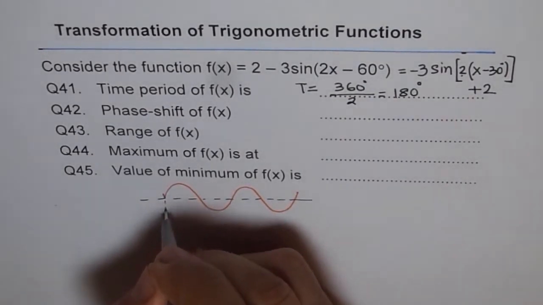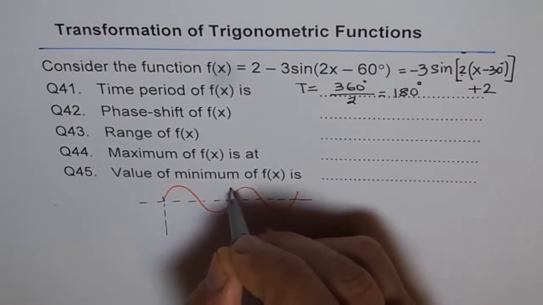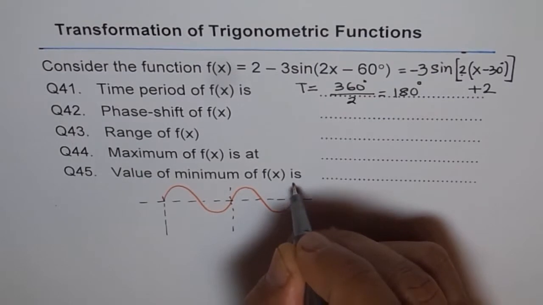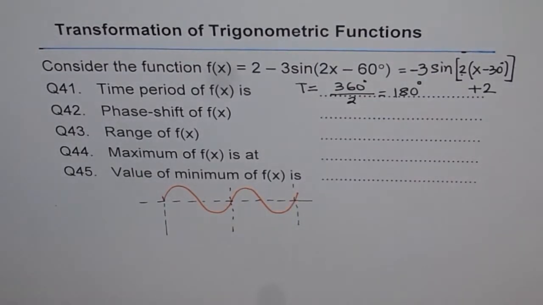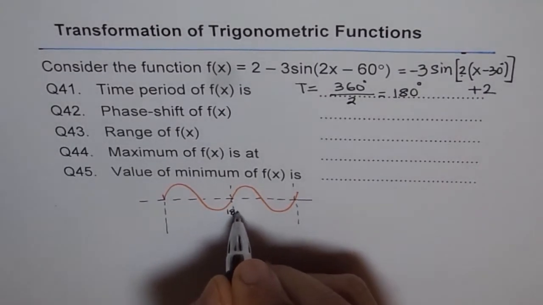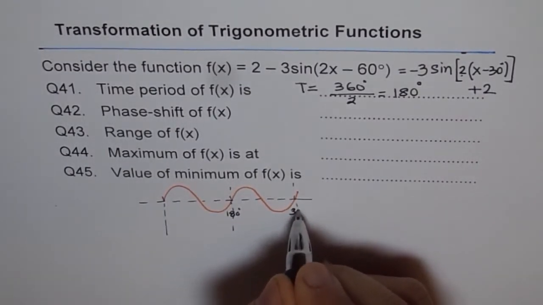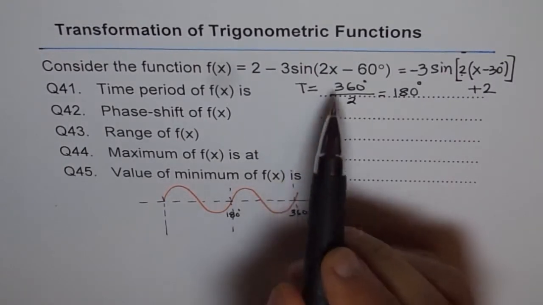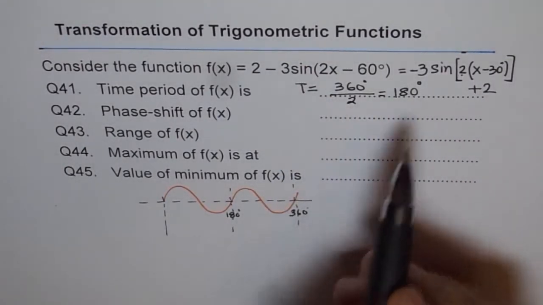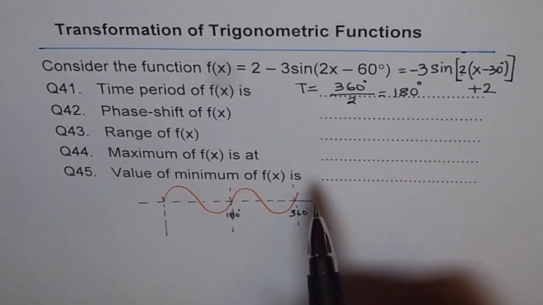This is one wave, and the time period is 180, do you see? And the second wave. So one wave has a time period of 180 degrees, and there will be 2 waves in 360 degrees. So that 2 indicates the number of waves in 360 degrees. The time period is 360 degrees divided by 2.